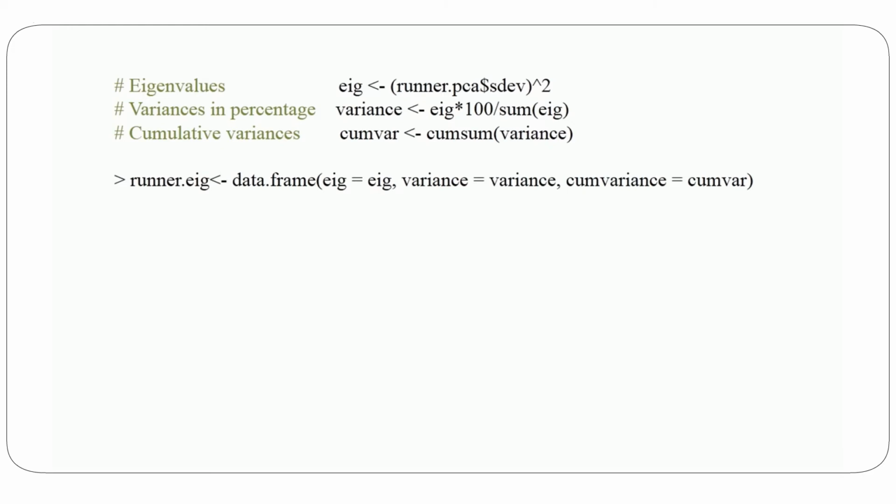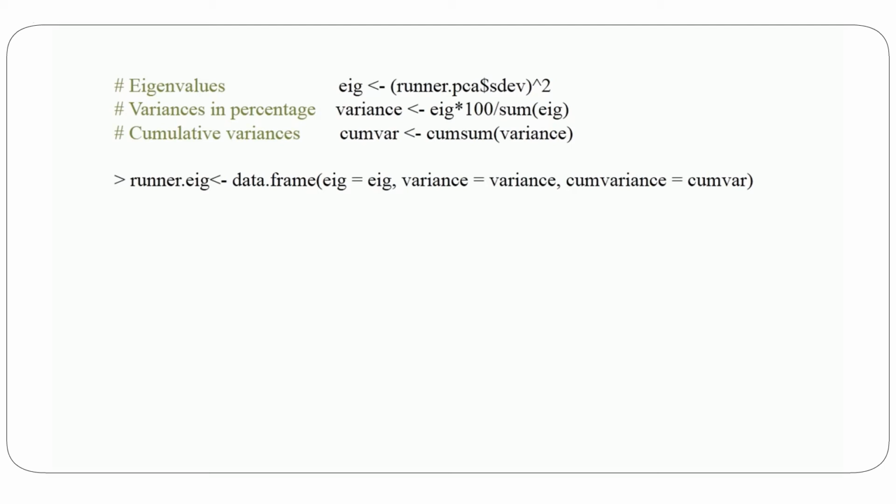So, we first find the eigenvalues of the correlation matrix R. As I mentioned before, if we extract the component sdev from the R object runner.pca, this gives the square root of the eigenvalues. So, we square them to obtain the eigenvalues.